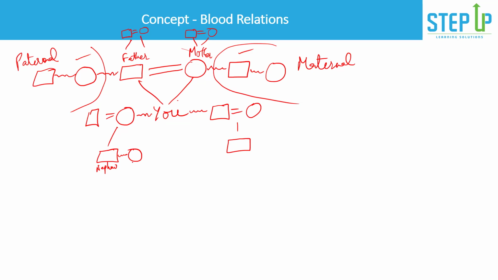Basically your sibling's daughter is your niece. Similarly from this side as well. So we are clear with uncle, paternal uncle, maternal uncle, nephew, niece, and grandparents. These are a few relations that you should know, and I'm sure all of you already know, to solve these questions. Now let's get on to actual questions.